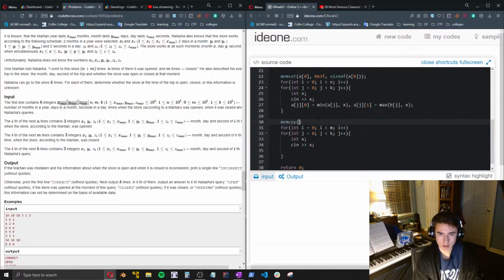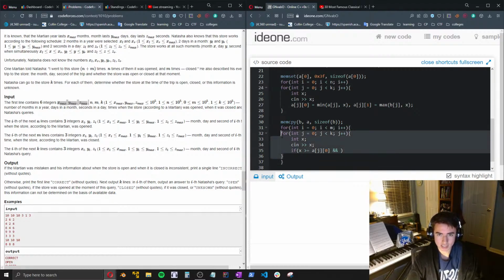Alright, copy B, A, B. Now we say if x is greater than or equal to A of J 0 and, wait. So we need to see if all three dimensions are inside.